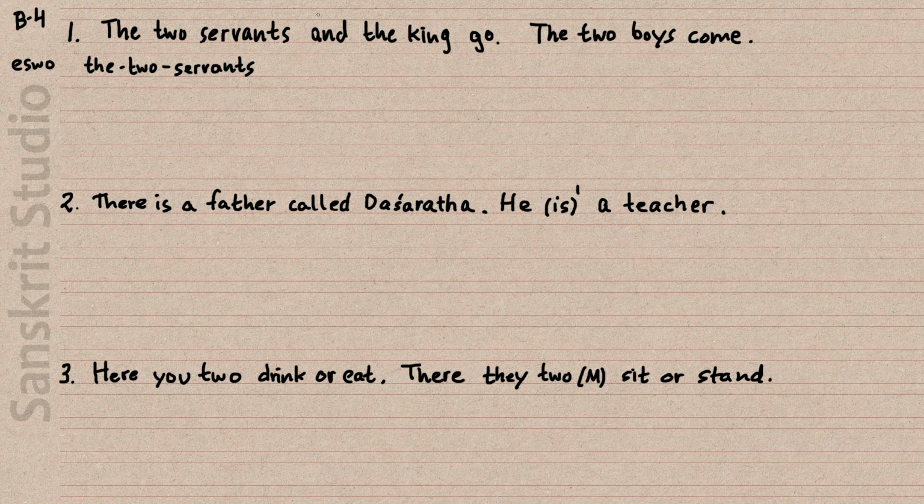So it's a word connector, so the and goes after the king there. So we know what we're doing when we are using the conjunction and.